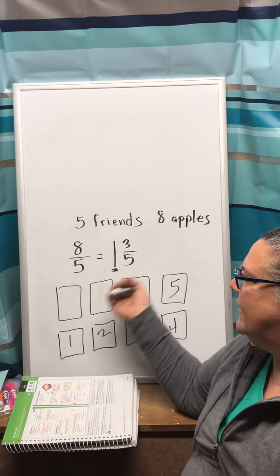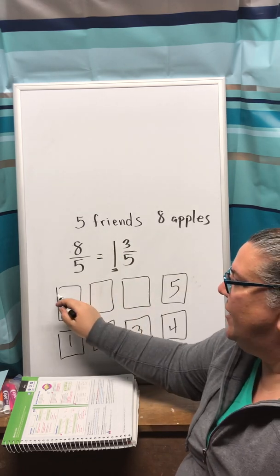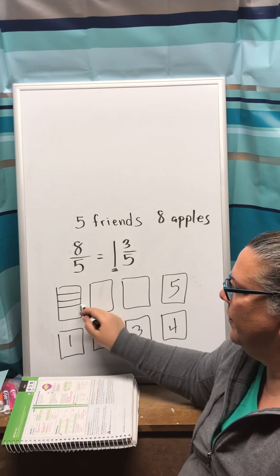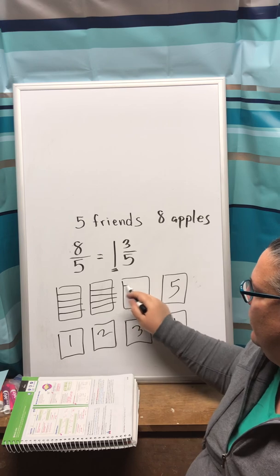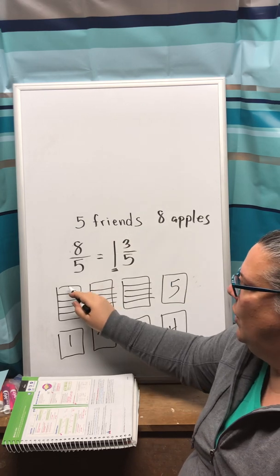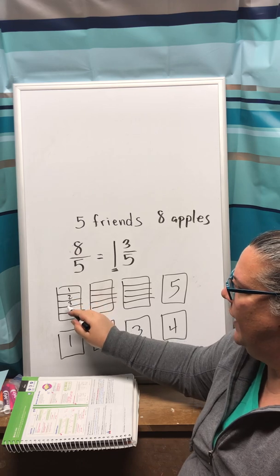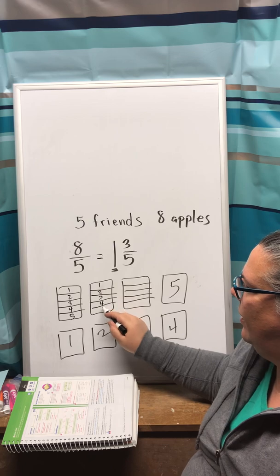And then for those last 3, if I split each of those last 3 up into 5 pieces, friend 1, 2, 3, 4, and 5, and so on for the other 2.